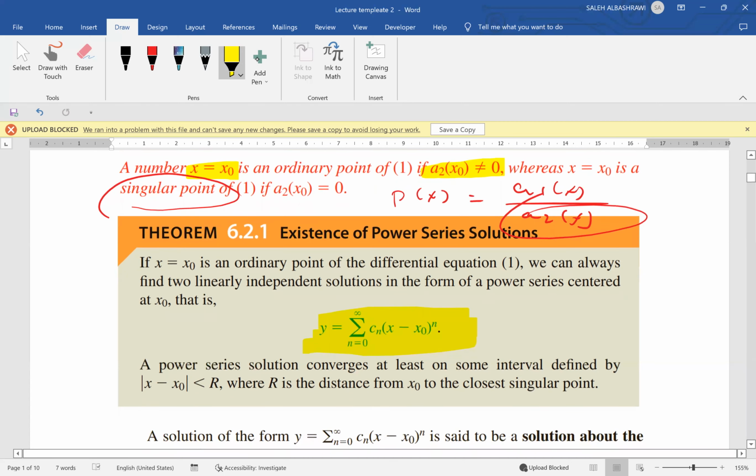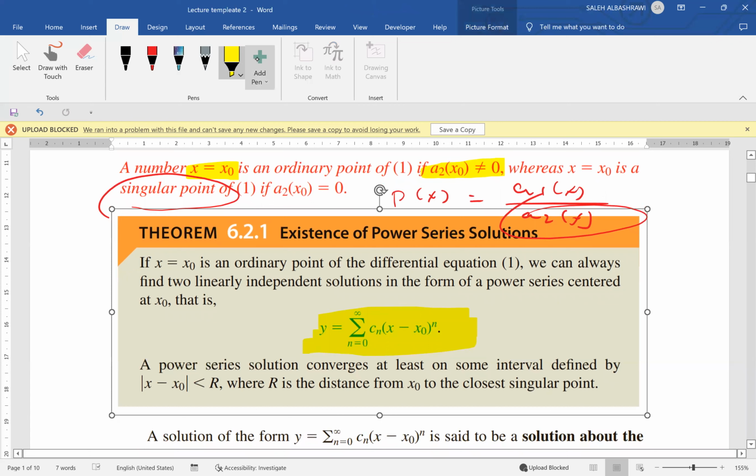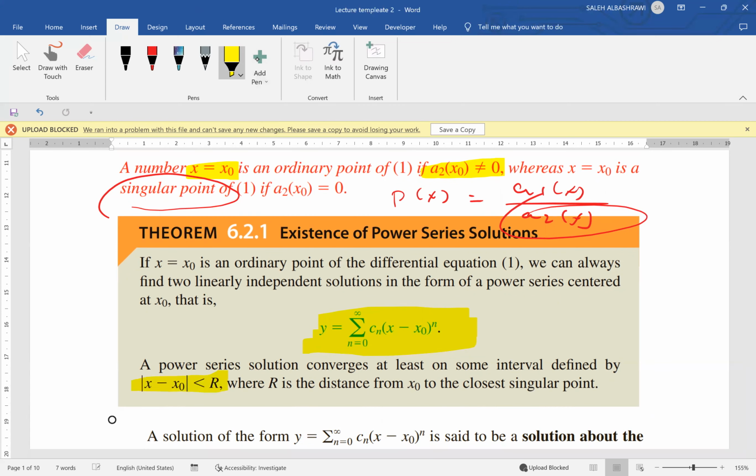And the power series solution converges at least on some interval defined by this relation: absolute value of x minus x sub 0 less than R, where R is the distance from x sub 0 to the closest singular point. If we have singular points, we just find the closest distance between x sub 0 and the singular point.